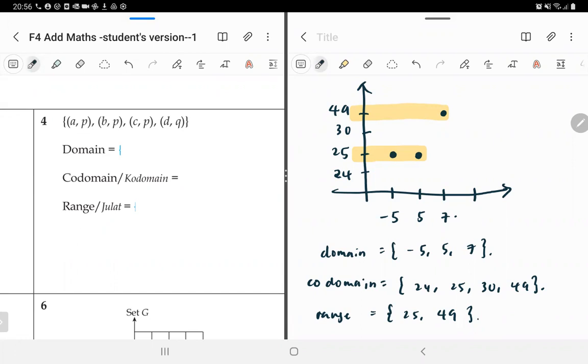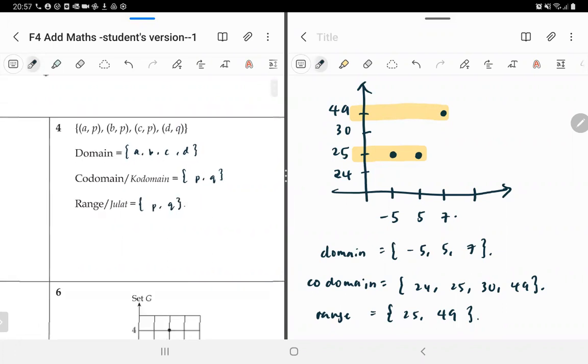A, B, C, D. So here, A, B, C, and D. What will be the codomain? Yeah, correct. P, Q. Because P is repeating, no need to write. How about the range? Yep, correct. P, Q also.